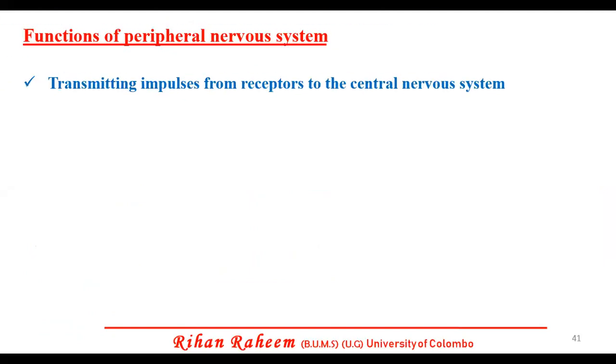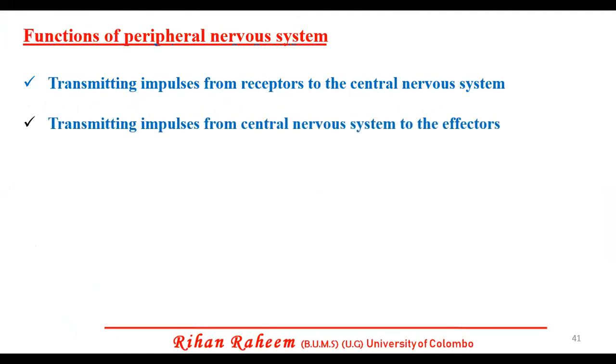Good. Then the function of the peripheral nervous system is transmitting impulses from the receptor to the central nervous system. Now, can you remember receptor? The sensory organs. I told you 5 receptors are there, all 5 sensory organs. The message is going to the brain, and again from the brain, the message is coming to the effector.